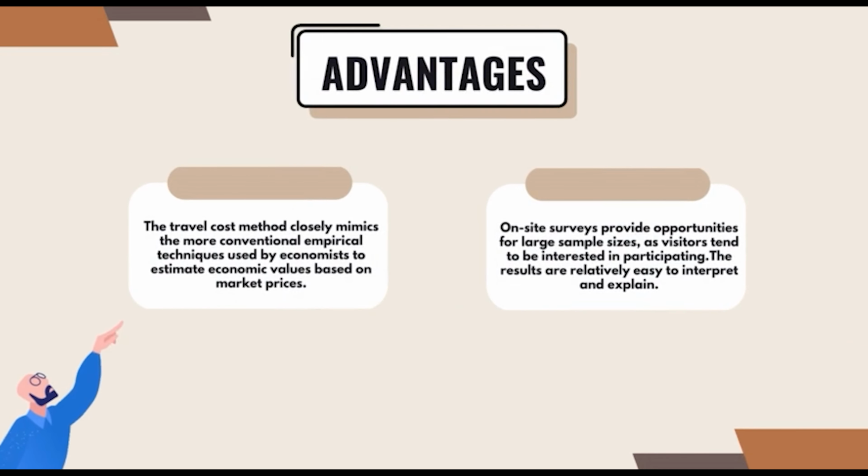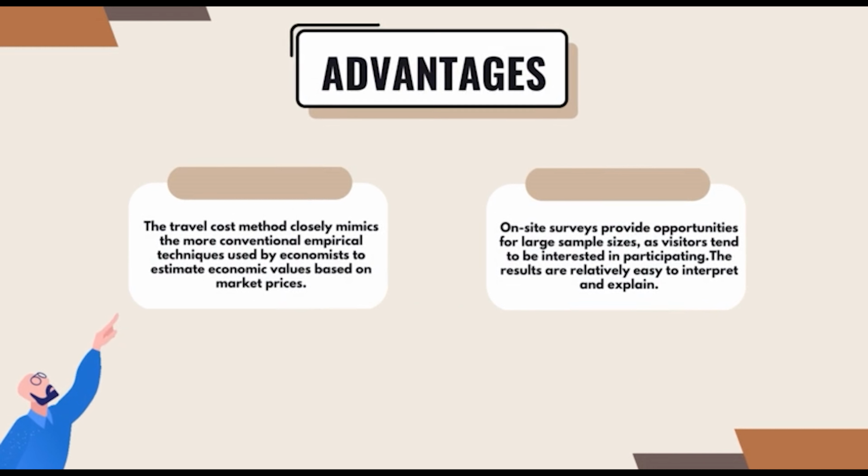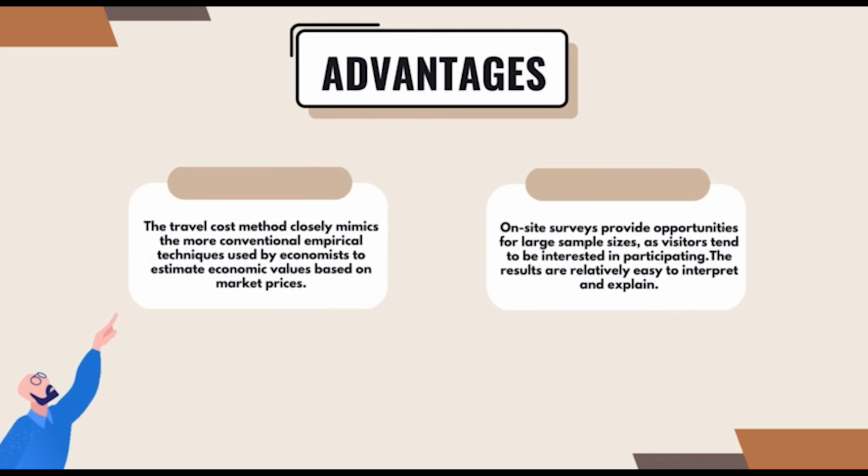The travel cost method closely mimics the more conventional empirical techniques used by economists to estimate economic values based on market prices. The method is based on actual behavior, on what people actually do, rather than stated willingness to pay, and also what people say they would do in a hypothetical situation.